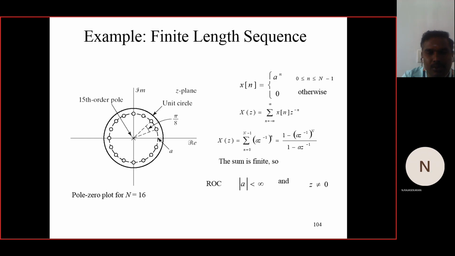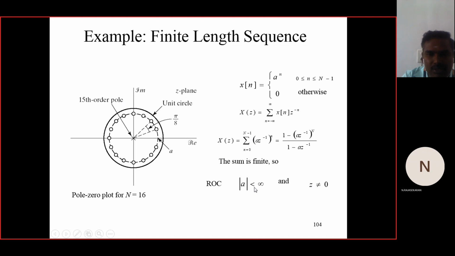Then the next case is a finite length sequence. So x of n is equal to a power n, and x of z is the summation from 0 to n minus 1 of (a z power minus 1) whole power n. Rearranging it, the ROC is modulus of a less than infinity, and z is not equal to 0.